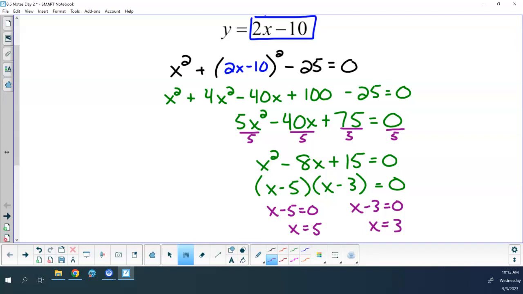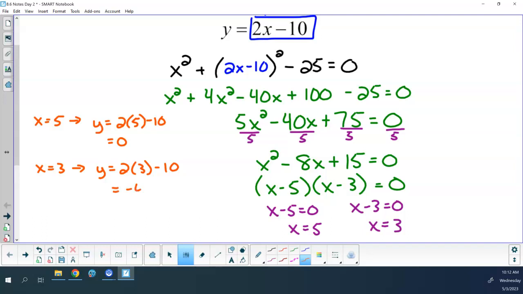Then I got to plug those back in to get the y. If I plug in x equals 5 into y equals 2 times 5 minus 10, 2 times 5 is 10, minus 10 is 0. Then I plug in x equals 3 into y equals 2 times 3 minus 10. 2 times 3 is 6, minus 10 is negative 4.